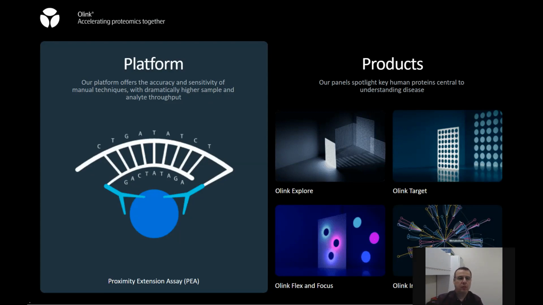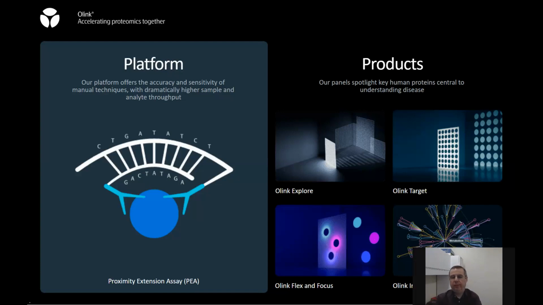And what we've been able to do is use this particular technology that offers a unique set of benefits around three particular kinds of products, which we call Explore, which is 3,000 biomarkers. Target, we have 15 panels of 96-plex protein biomarker targets, as well as a 48-plex.